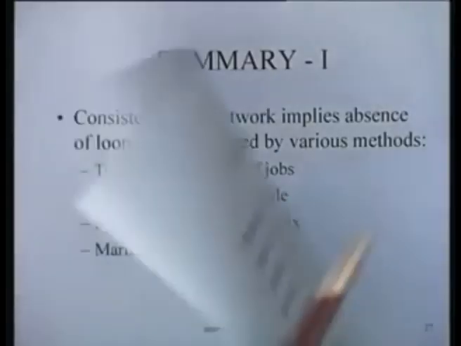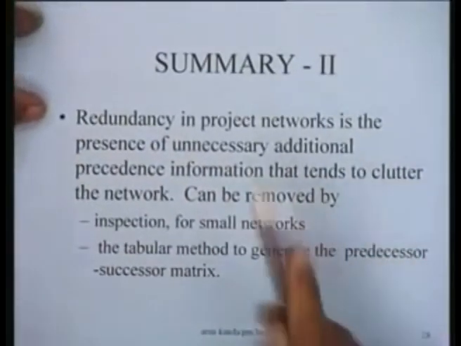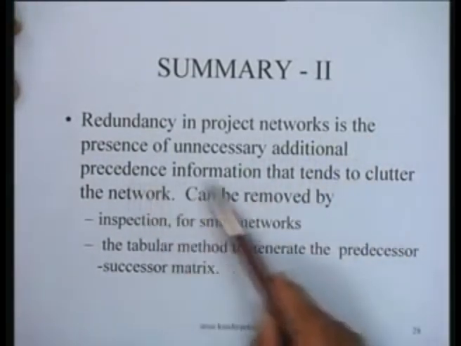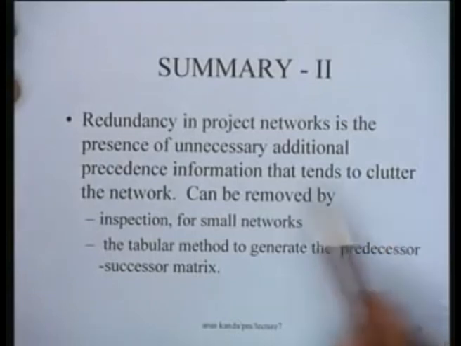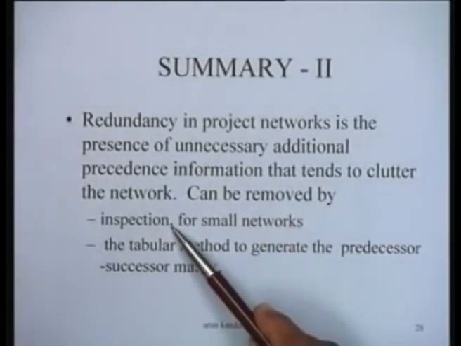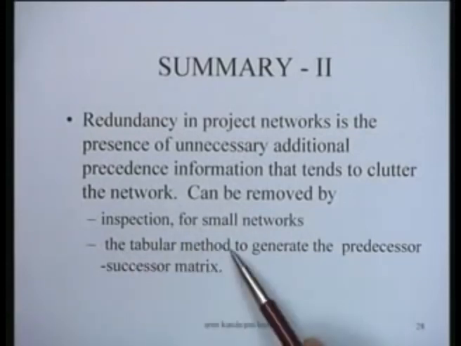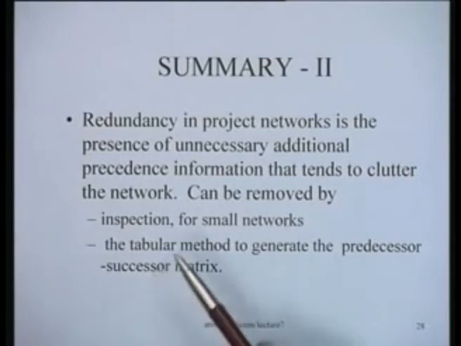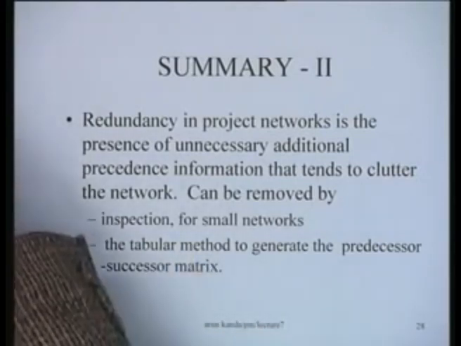Then we have looked at procedures for redundancy, and we have seen that redundancy in project networks is the presence of unnecessary additional precedence information that tends to clutter the network. These can be removed by either inspection for small networks or by the tabular method to generate the predecessor successor matrix, which is what we had done for this example.